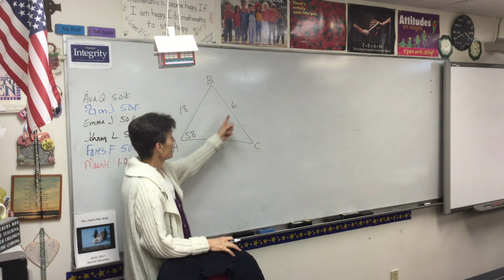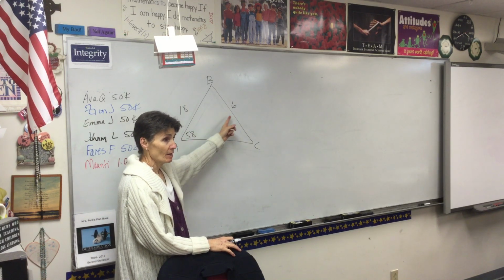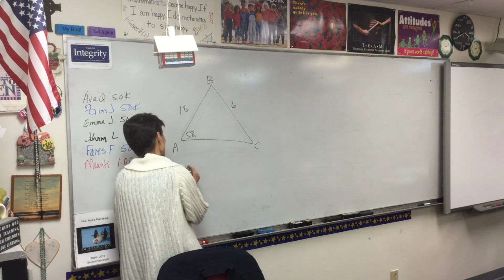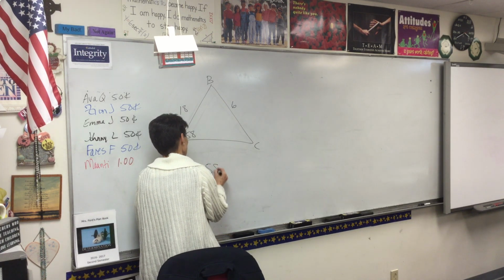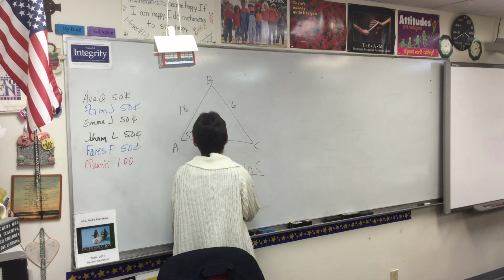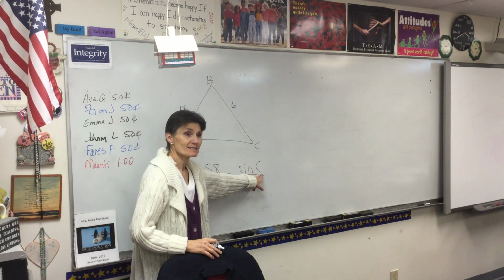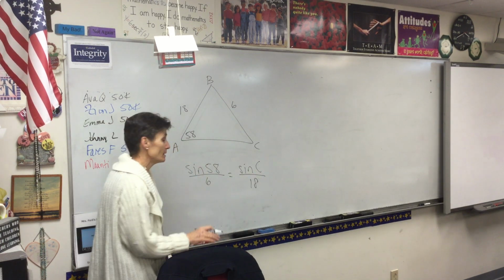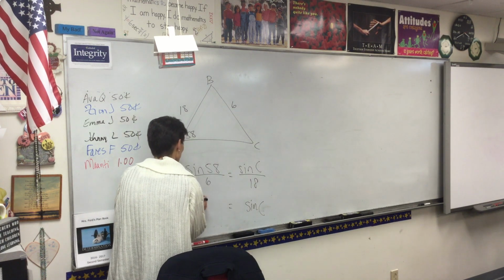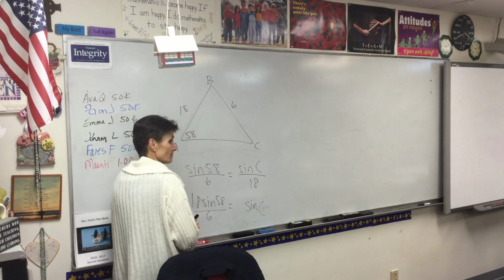When you look at this triangle, your being alive should zero in on this right here. What's that a clue for? Law of sines. So we'll say sine 58 over 6 equals sine C over 18. It's going to be a second sine problem, so sine C equals 18 sine 58 over 6.